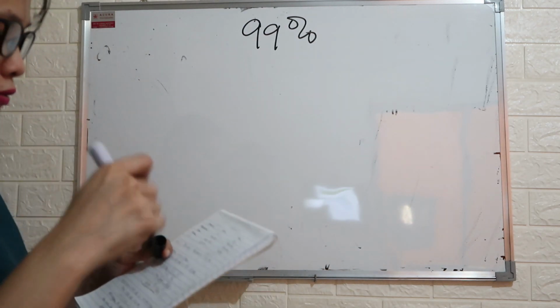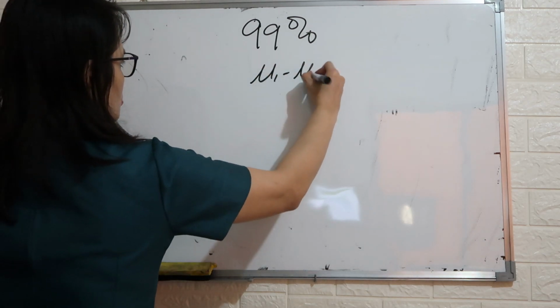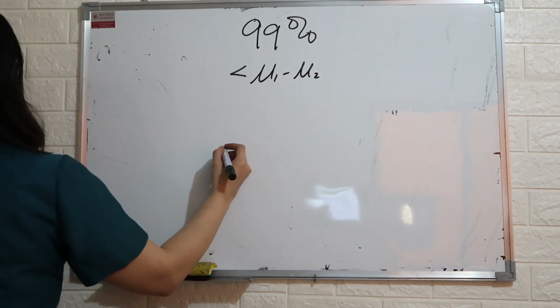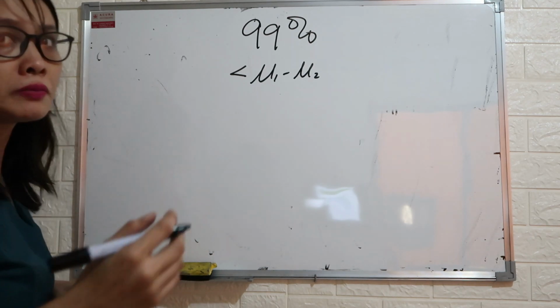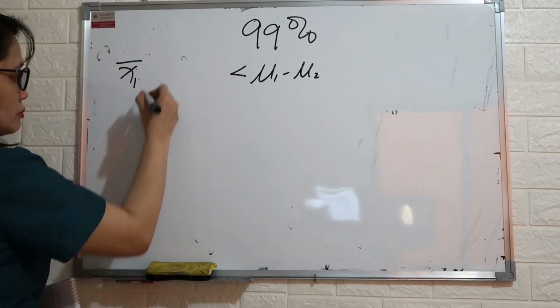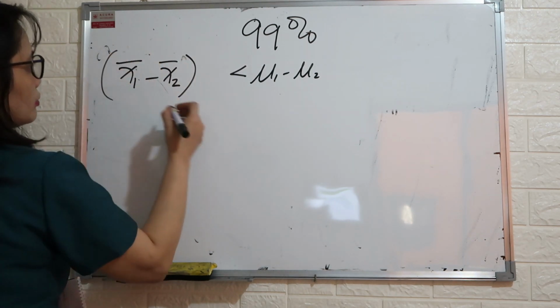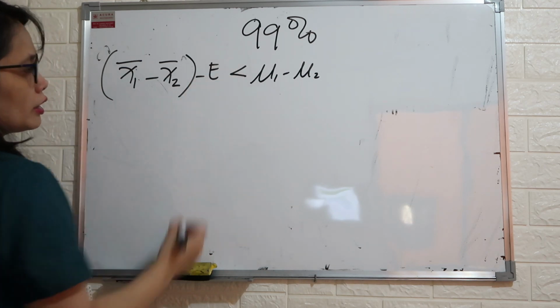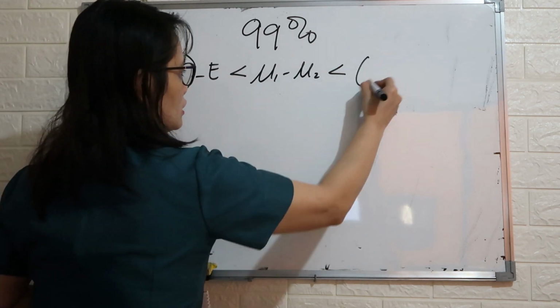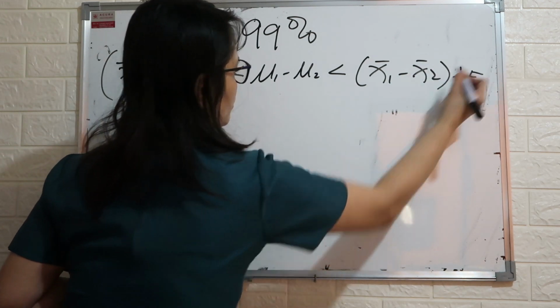The confidence interval will be mu1 minus mu2 greater than the difference of two sample means minus the margin of error, but less than the difference of two sample means plus the margin of error.